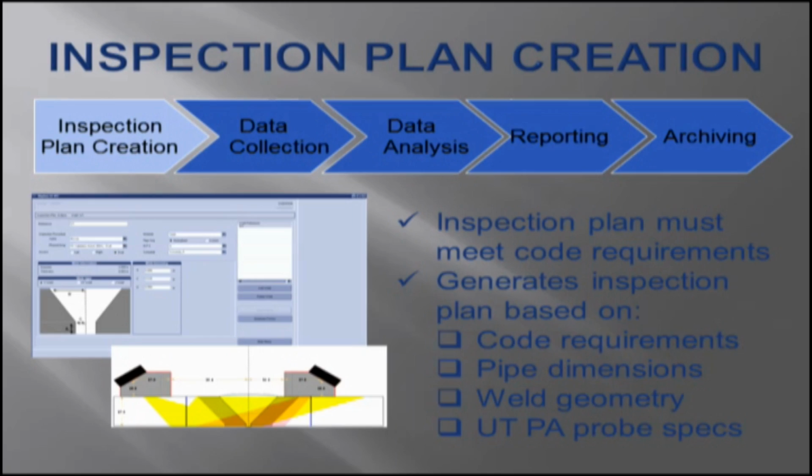There are some workflow tools that, by inputting information based upon the code requirements, the dimensions of the component to be inspected, in this case a pipe, weld geometry characteristics, and the actual specifications of your preferred inspection product, such as the probe characteristics or the instrumentation characteristics, you can generate an inspection or scan plan. Now keep in mind, that after the generation of the scan plan, you do need the responsible expert, typically a level 3, to ensure that the scan plan does meet all of the appropriate code requirements.